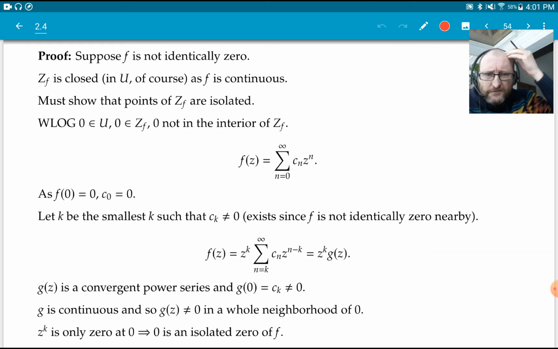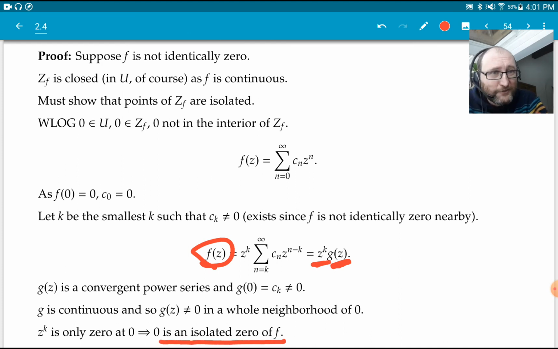Well, that means that the only way that f could be zero in a neighborhood of the origin is for z to the k to be zero, because g is not zero at all. But z to the k is only zero at zero, so that means that zero is an isolated zero of f, right?